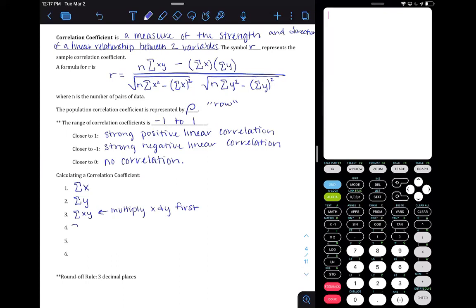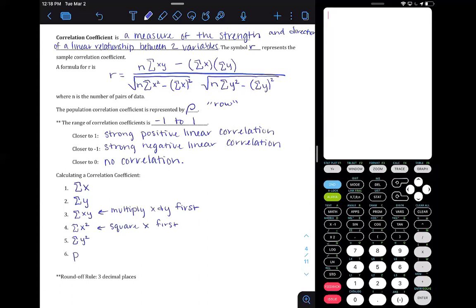Then we're going to find the summation of x squared, so you're going to square your x's first and then find that sum. Then we're going to find the summation of y squared, so square all your y's first and then add them up.